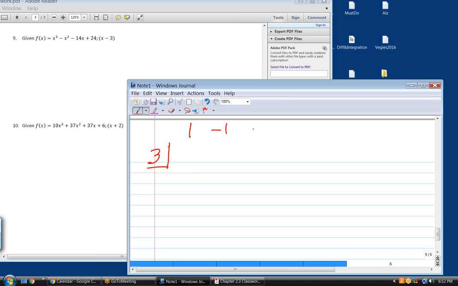Negative 1. It's the coefficient of the x term. The coefficient of the x term is negative 14, and that's 12. Wait, okay, now I get it. Okay, cool. Now I understand why that exists. Like, because before, I just memorized how it worked out, but now I understand how the numbers come to exist.